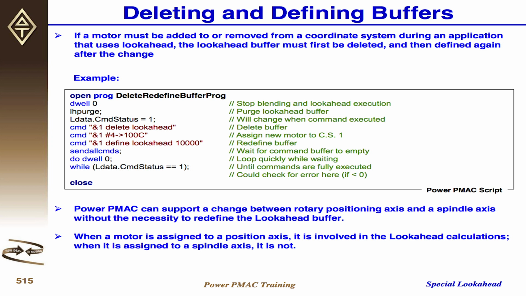When a motor is assigned to a position axis, it's involved in the lookahead calculations, meaning it's checked for violations. But if it's assigned as a spindle axis, it's not. That's the difference, because for a spindle you don't need to check the maximum speed, since it always turns at the one speed you want.